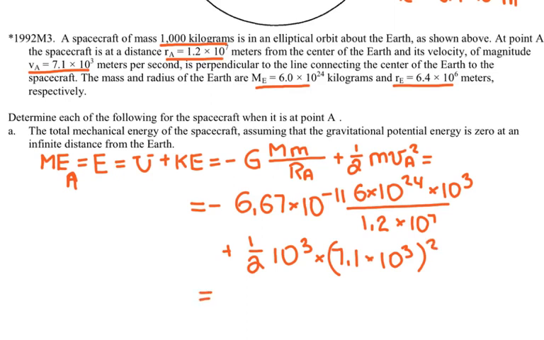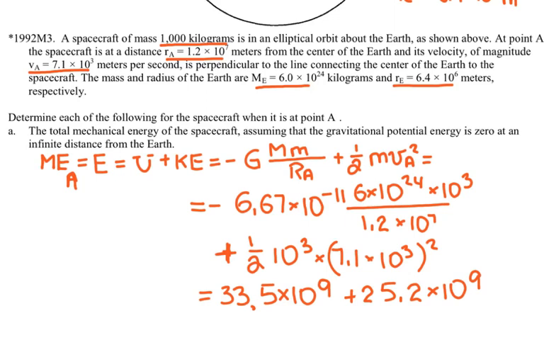And my answer is, the first number is 33.5, 10 to the 9th, plus the second number is 25.2, 10 to the 9th, and the first number I forgot to write.